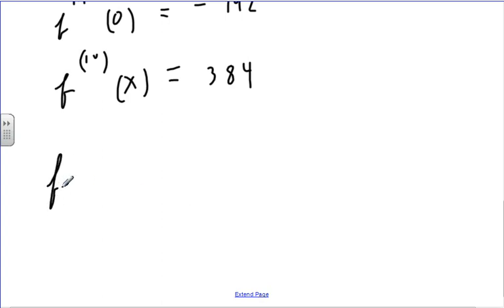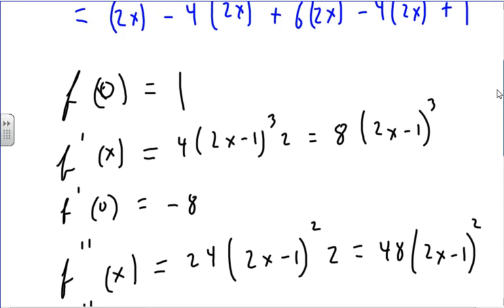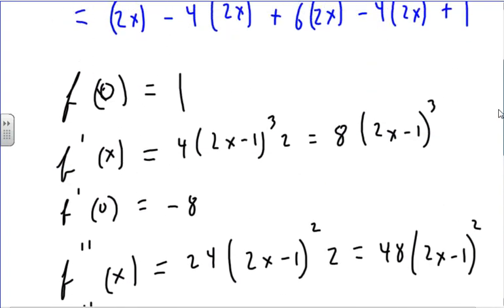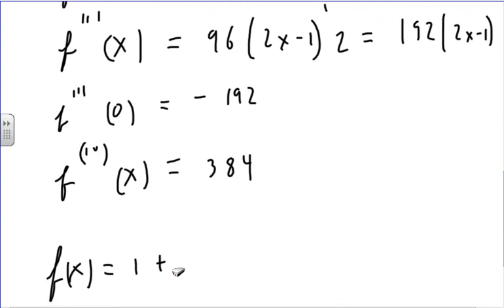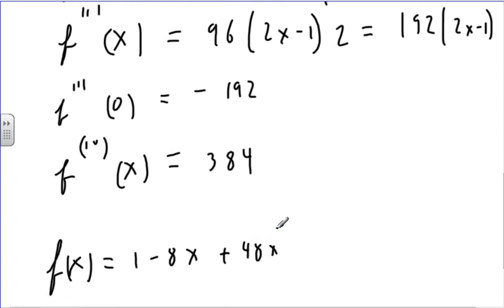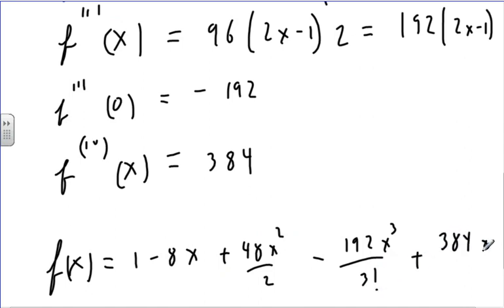So that being the case, the function f of x would be 1 plus 1 minus 8x plus 48x squared over 2 minus 192x cubed over 3 factorial plus 384x to the fourth over 4 factorial.